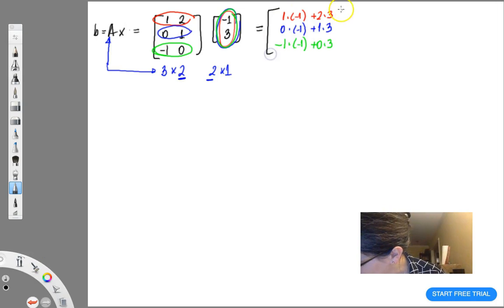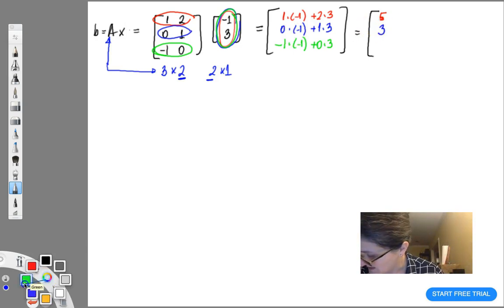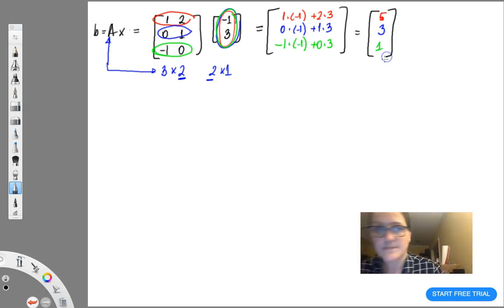And that gives me a resulting vector, which is equal to, this element here is -1 plus 6, which is 5. Then 0 plus 3 is 3. And the last one is 1 plus 0. So this is going to give me 5, 3, 1.